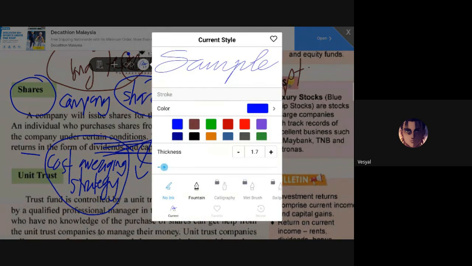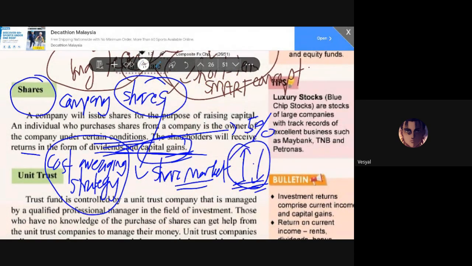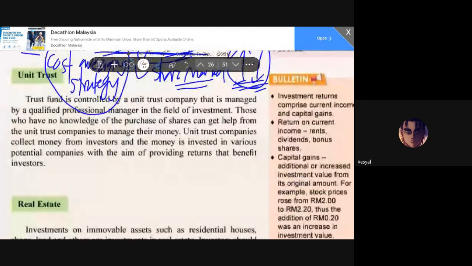Next one we'll look at is unit trust. A unit trust is controlled by a unit trust company, managed by a qualified professional manager. Not anyone can take the responsibility for this unit trust. They must be qualified in the field of investment.